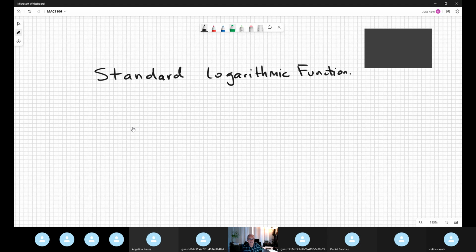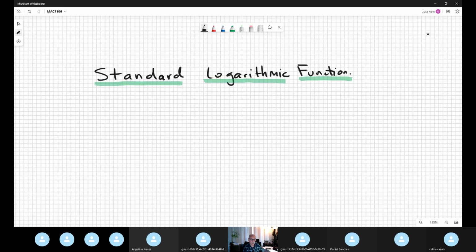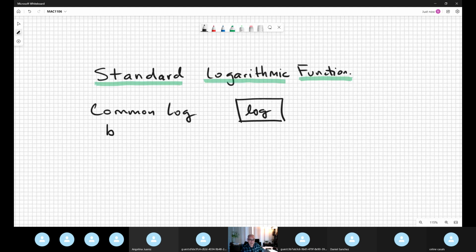And what is that? This is the logarithm that we have in our calculator. And this is the logarithm that we are working with all the time. So the first one is called the common log. In the calculator, you press the key log. The majority of calculators have one key, which is log. And by default, you suppose that the base is 10.